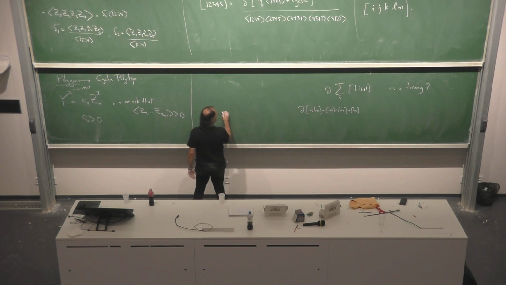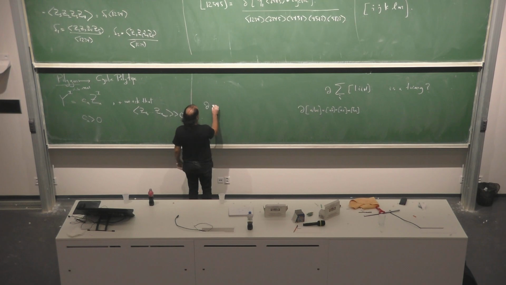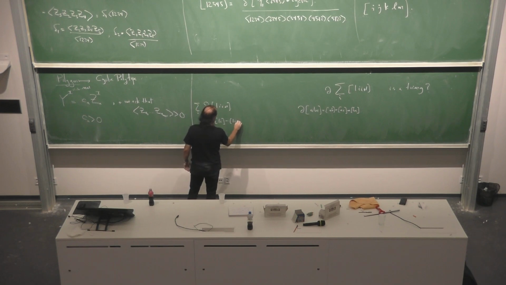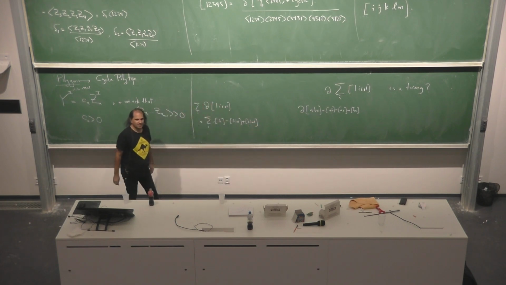So let's apply it here. The boundary of the sum of 1, i, i plus 1 is the sum over i of 1i minus 1, i plus 1 plus i, i plus 1. Okay?